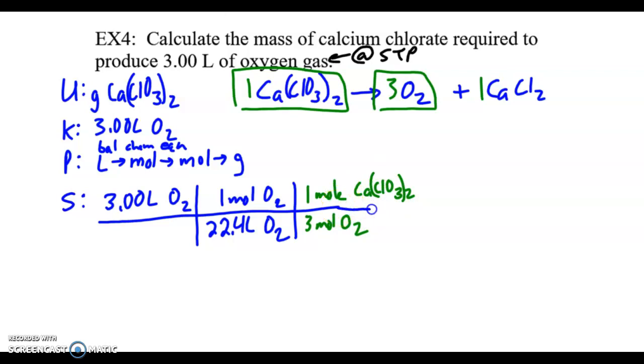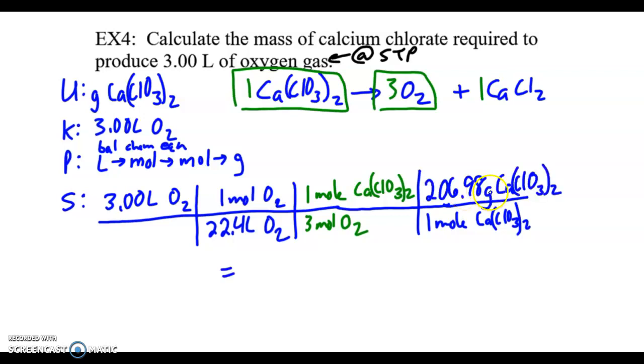And then our last step is we got to get back to grams of calcium chlorate. So that's going to be a molar mass thing. So we got to add up the mass of the calcium chlorate. So let's do that. All right, so I got 206.98 grams of calcium chlorate.